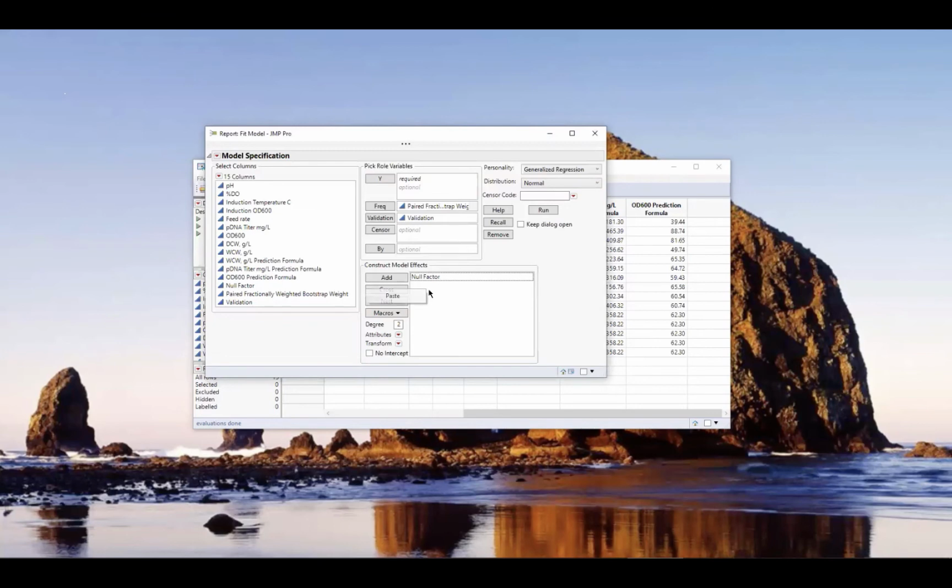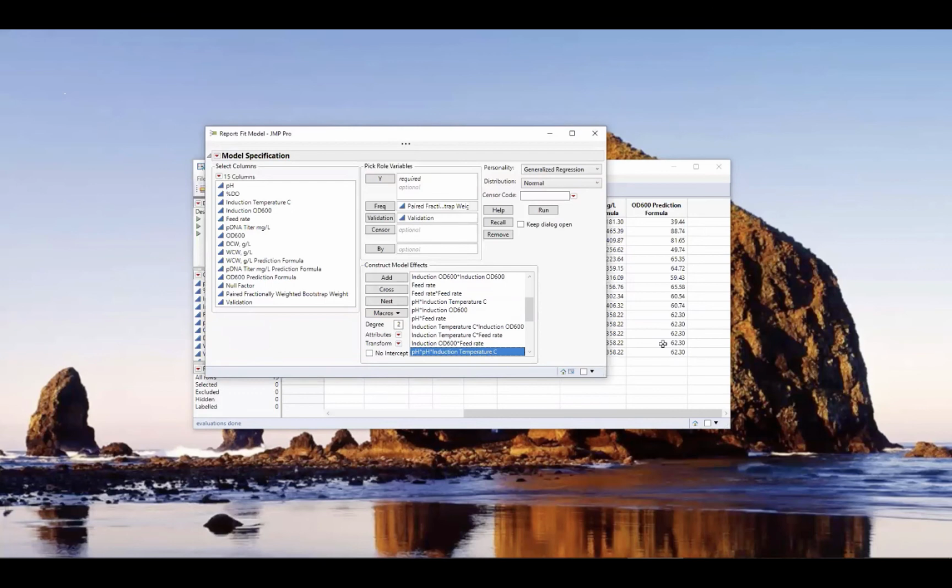So what I'm going to do is add a model. This model I sometimes call the Augmented Full Quadratic Model. This is actually based on a wonderful paper by John Cornell and Doug Montgomery from 1996. What they do is take the full quadratic model and augment it with a number of higher order terms, many of which are linear by quadratic interactions. I'll just give you an example.